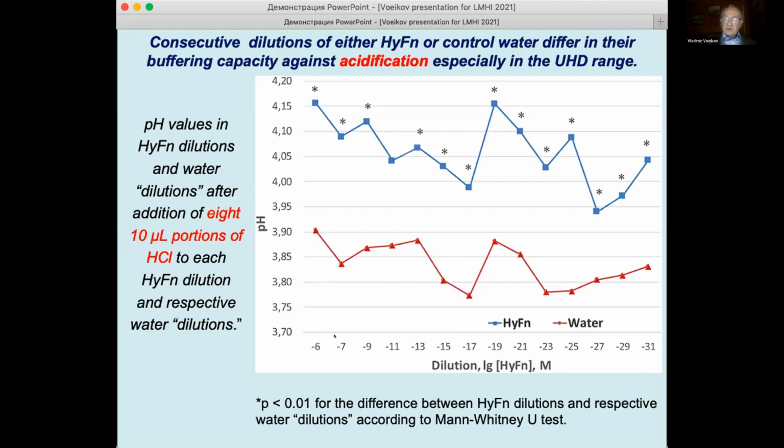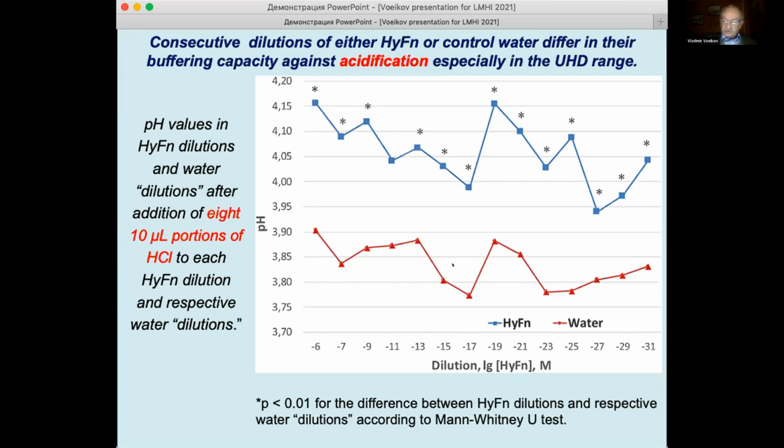For example, here is the pH of different dilutions, and one can see that in acidified ultra-high dilutions there is a very high difference between consecutive dilutions. For example, 10 to the minus 17 molar dilution has such pH, and the next, 10 to the minus 19 molar dilution, has a higher one, and so on.